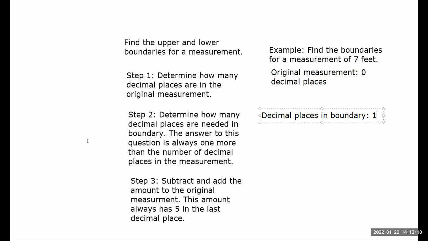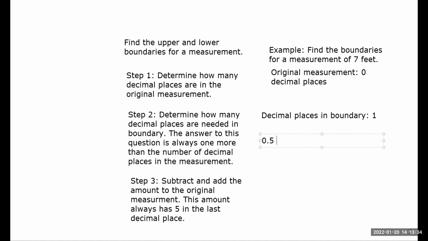And the way we construct our boundaries is as follows. What we do is we take our measurement. So your lower boundary, let me start back here. So when I want a decimal place, I'm going to have 0 and a decimal point, and I'm going to put a 5 there.